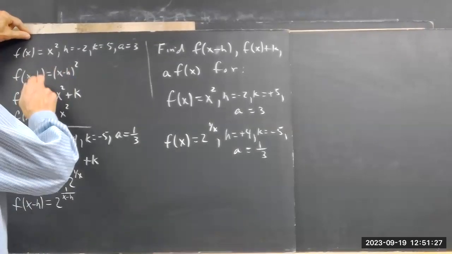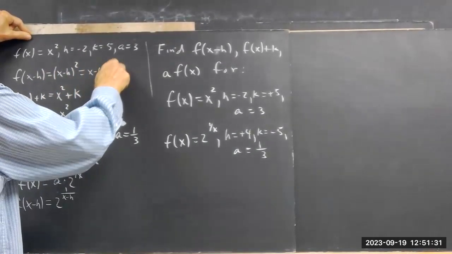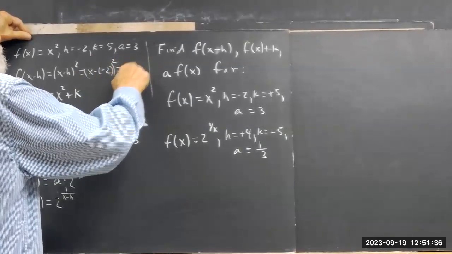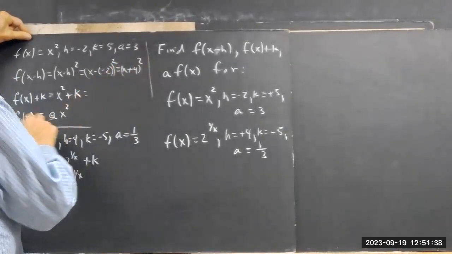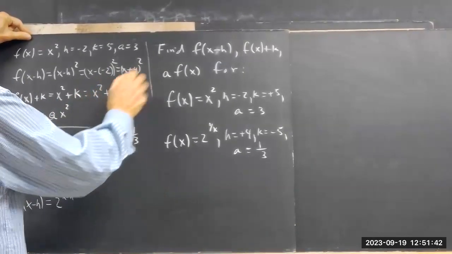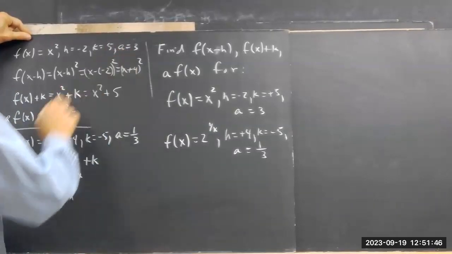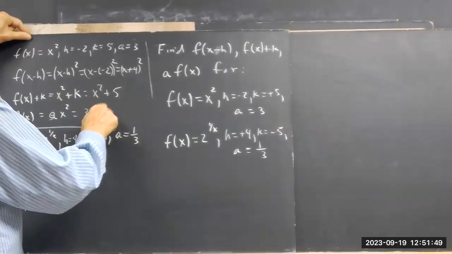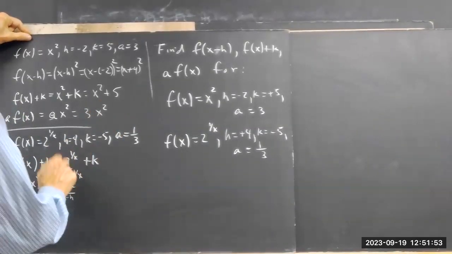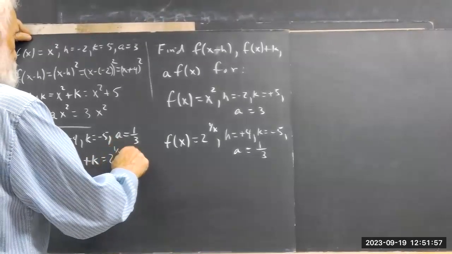Now, in this case, h is -2, so that's x minus -2 squared, which is x plus 2 squared. x plus k is x squared plus k, and k is -5. A is 3, so a x squared is 3x squared. In this case, k is -5, so 2 to the 1 over x plus k is 2 to the 1 over x minus 5.